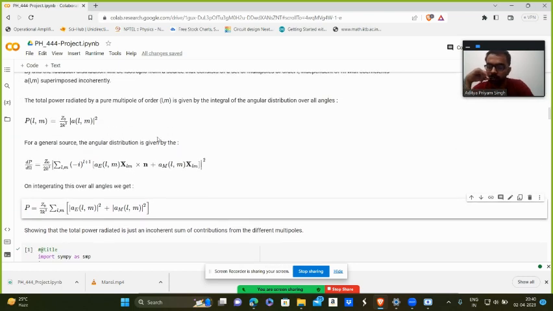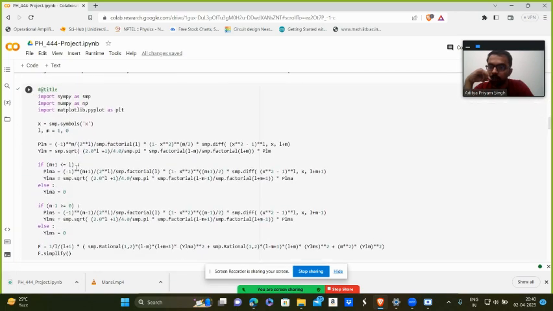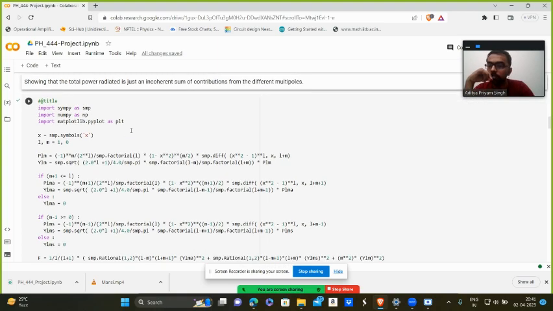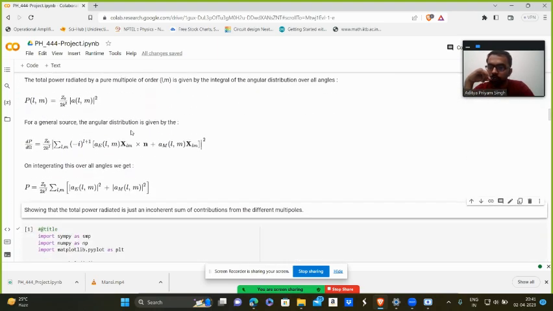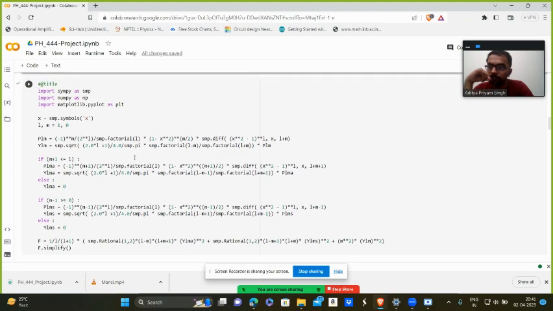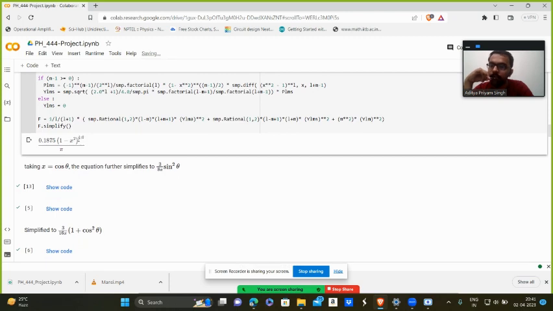Now, using the simplified forms of power radiated per unit solid angle, which is this one, we'll be seeing the plots of the dipole and quadrupole radiation pattern for different values of L and M. So using that dP/dΩ equation and substituting the value of Y_LM in it, for L equal to 1 and M equal to 0, we'll get this equation where x is nothing but cos theta.